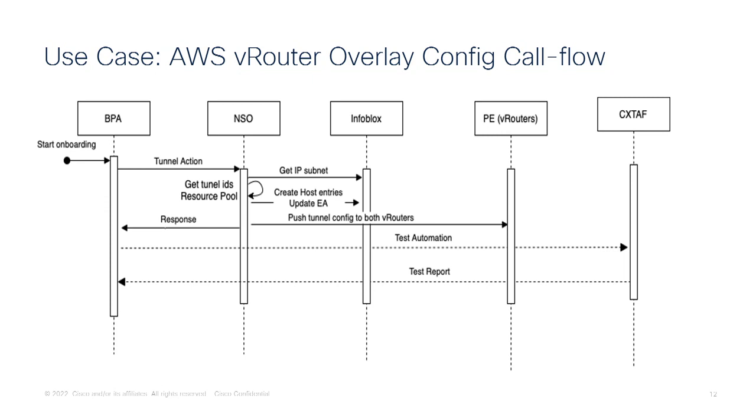So we get that, we update those host entries using the extended attributes. We get the tunnel IDs from the resource pool, and then we push the config. And this flow repeats across the hundreds of tunnels that we need to create. So this is just a snippet of how the backend works through NSO and Infoblox, and if we optionally need to test something, we can also invoke the extra.